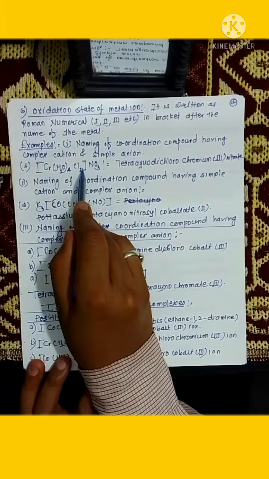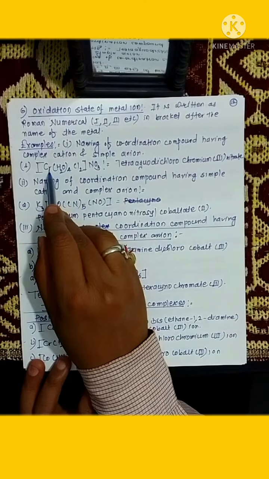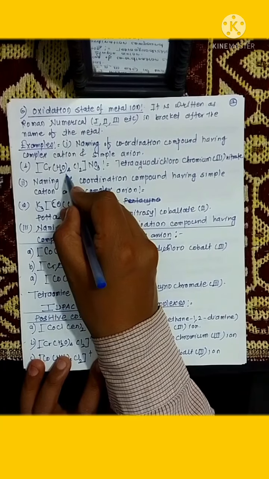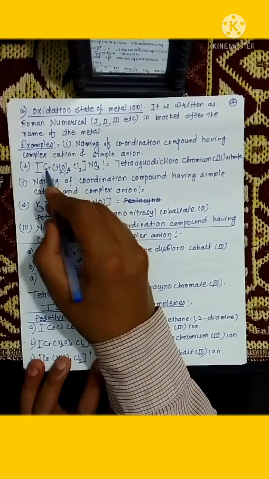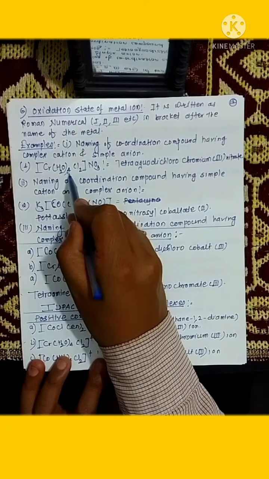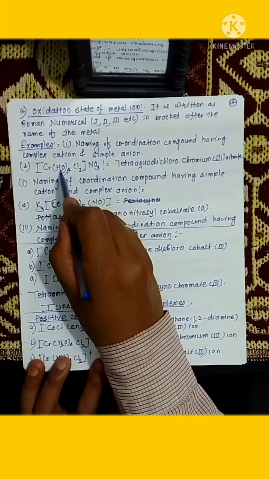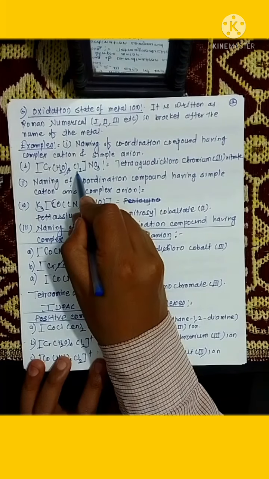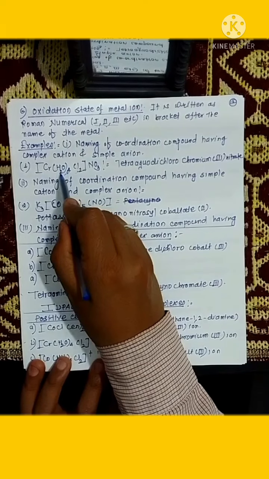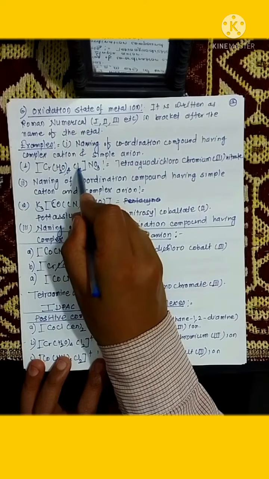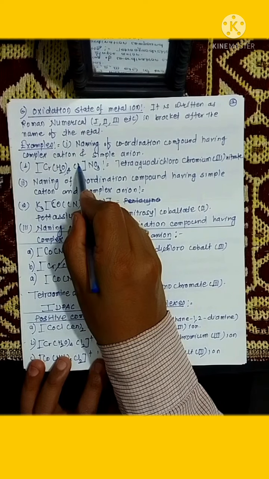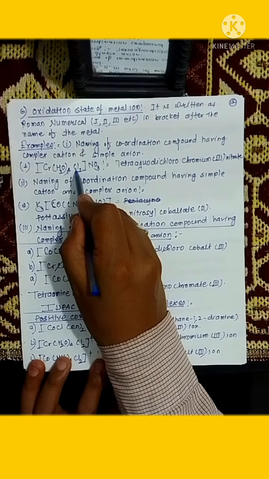this is the given complex, and we have to write the name of the complex. So first of all, see, the central metal atom, that is chromium in this case, is attached with 4 water molecules and 2 chlorine atoms. But we know that water cannot be written as water, it is written as aqua, and chlorine cannot be written as chlorine because chlorine is a negative ligand, it is written as chlorido.